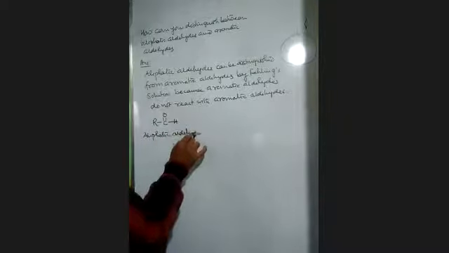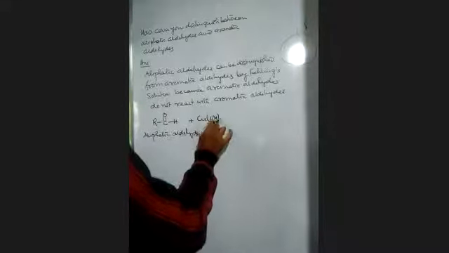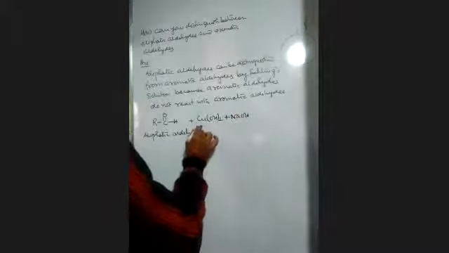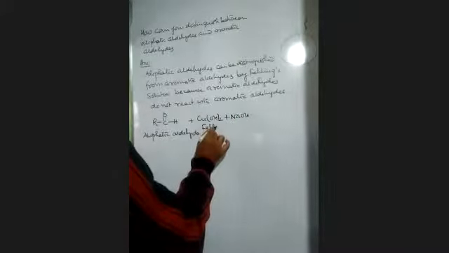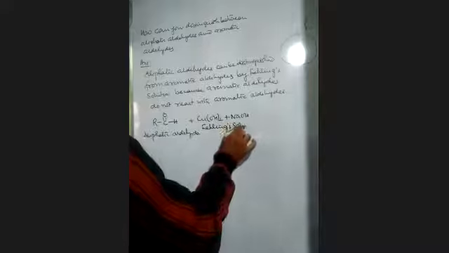HCHO. Then you write here aliphatic aldehyde. Then this here we will write Fehling's solution.